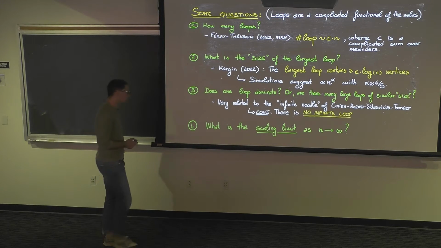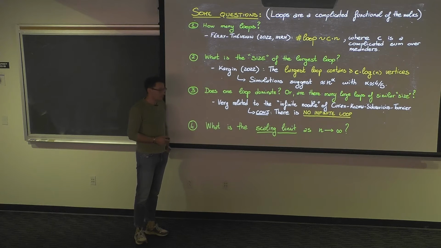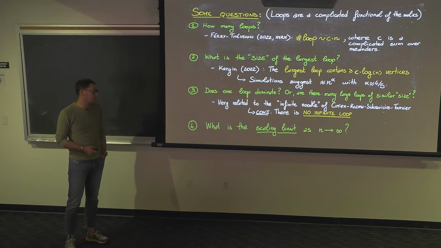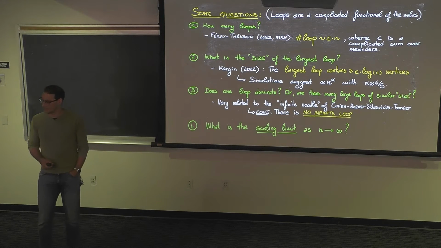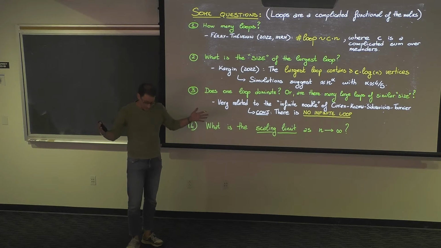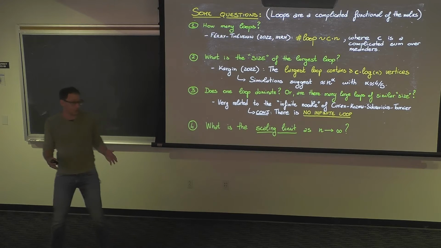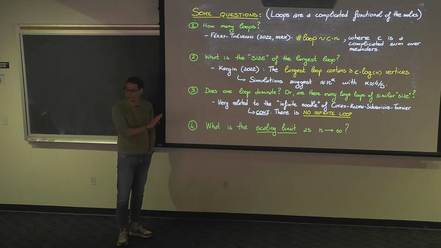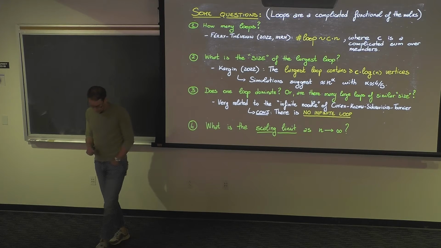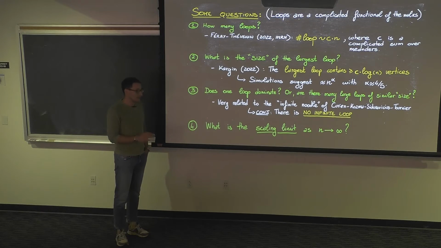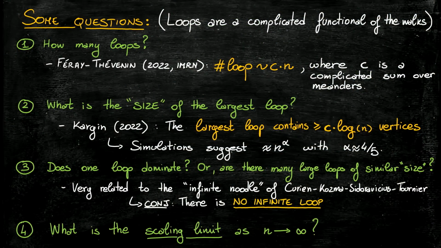So this third question is very related to, at least the first step to address this question would be to rule out that there is an infinite loop in this infinite volume version. And actually, this is what is conjectured in the paper of Curien and co-authors. They conjecture that there should not be an infinite loop. But there is no explanation, and actually we emailed them, and they said that they don't have a very clear motivation why they believe it shouldn't be there.